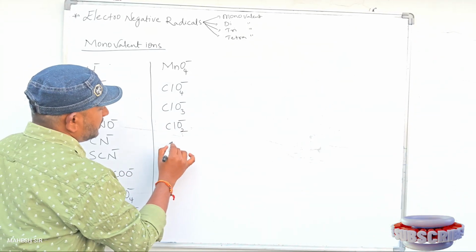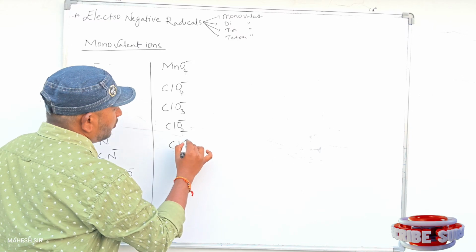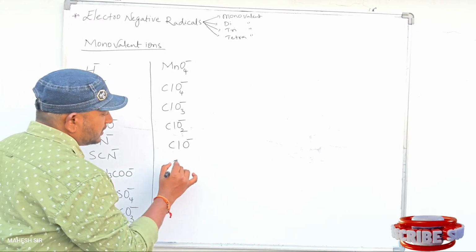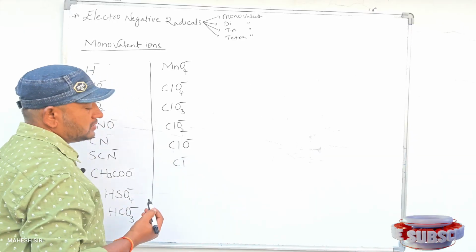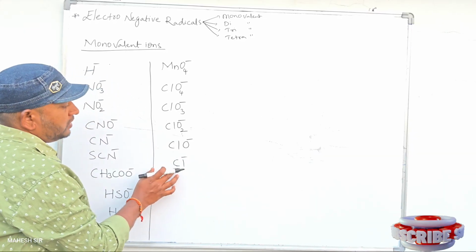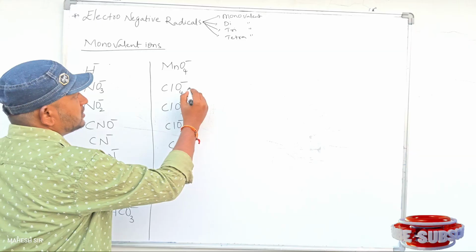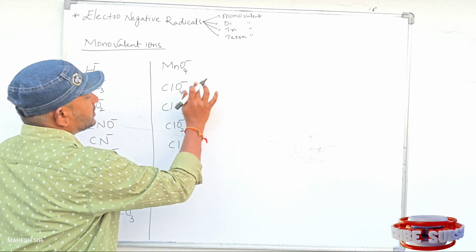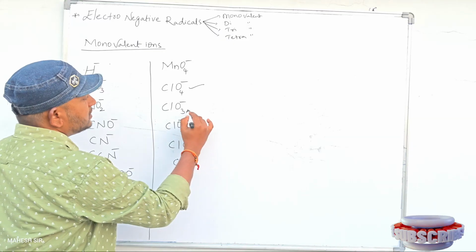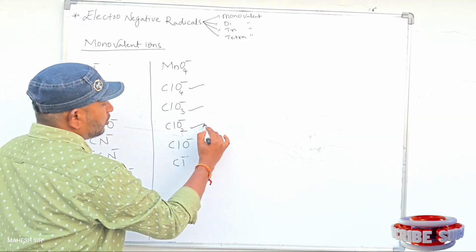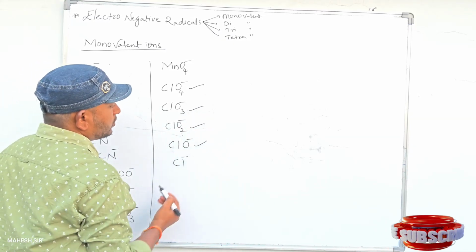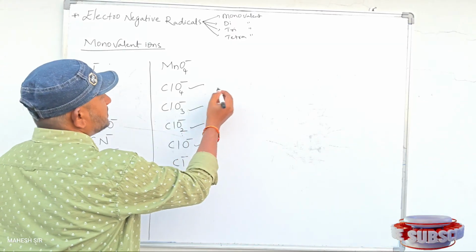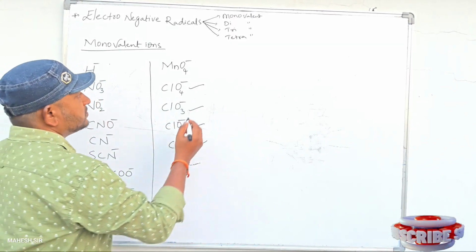Okay, and another one, ClO minus, hypochlorite. Then Cl minus, chloride. We all know this. Perchlorate, chlorate, chlorite, hypochlorite, chloride. Then the same as it is, iodide also.